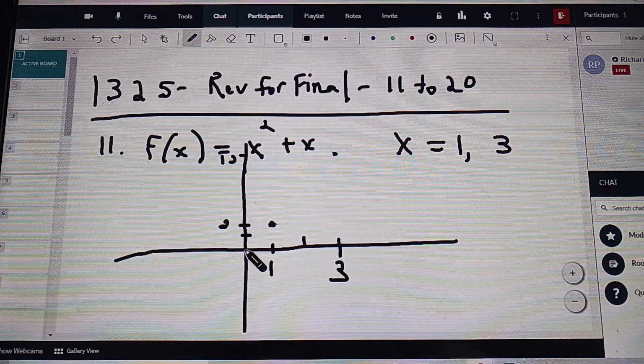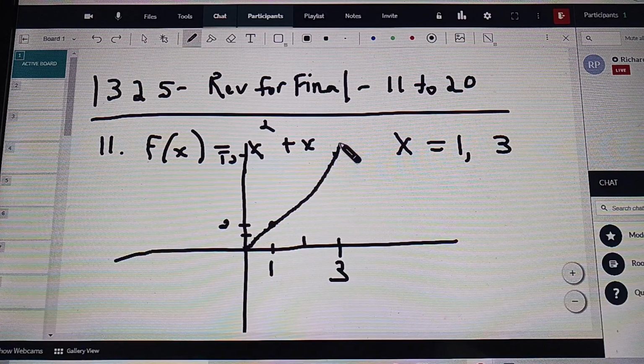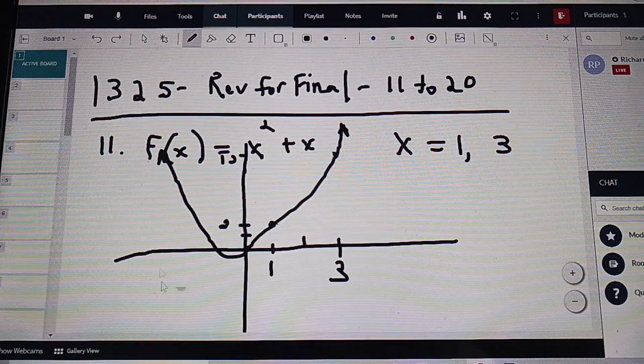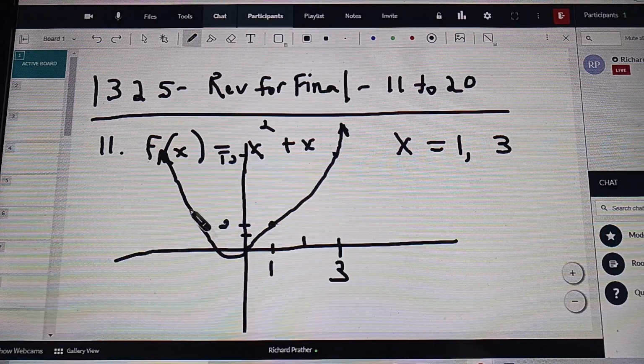So this is a parabola that goes through 0, curved like that. It also would go through -1, but that we don't really care about right now. So we have this parabola like this.